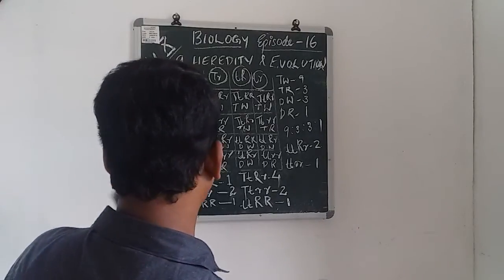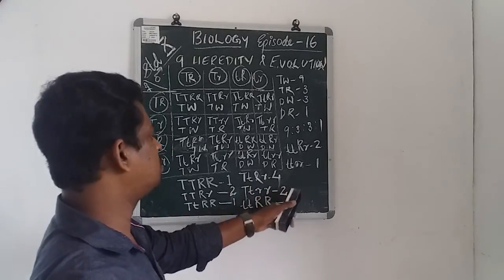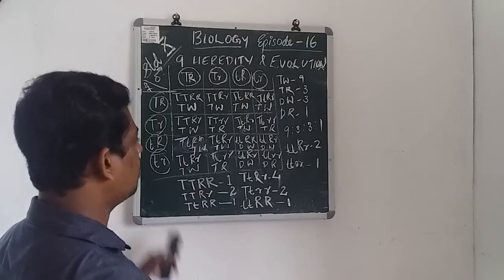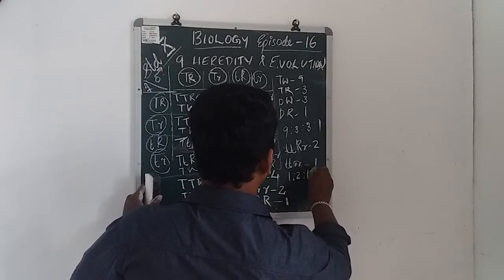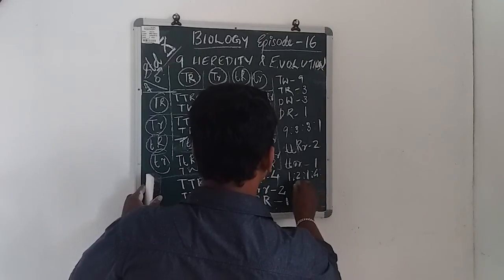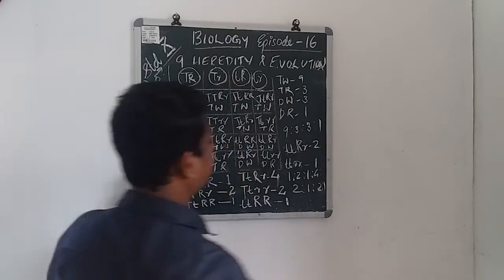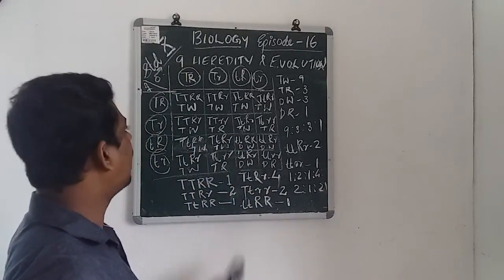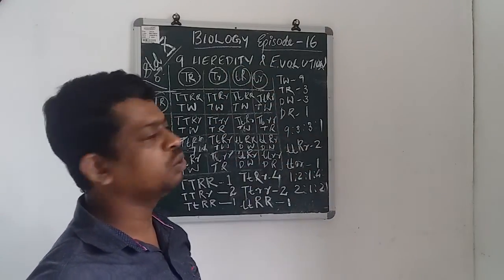Yes, the ratio is 1 is to 2 is to 1 is to 4 is to 2 is to 1 is to 2 is to 1. That's the ratio. Okay, this is the phenotypic ratio and this is the genotype ratio. 9 is to 3 is to 3 is to 1.